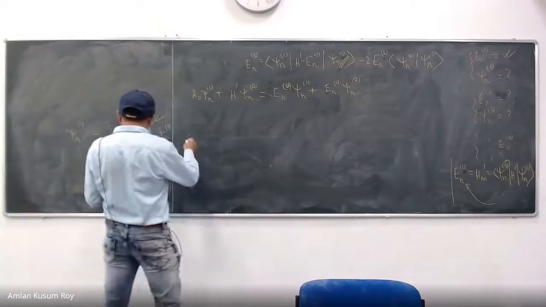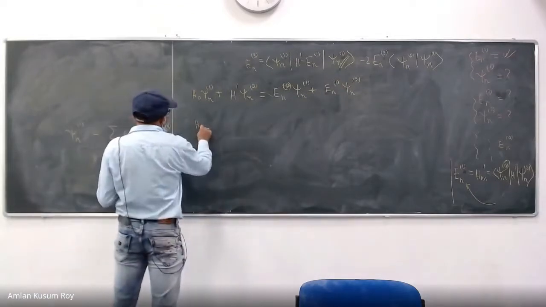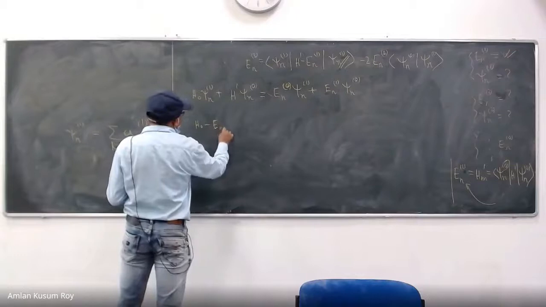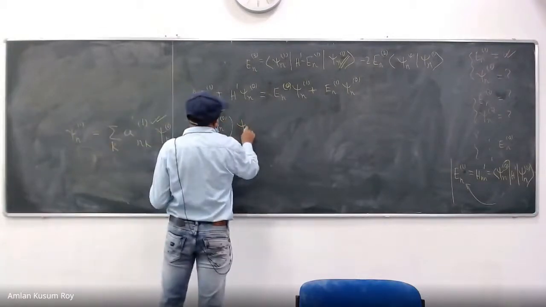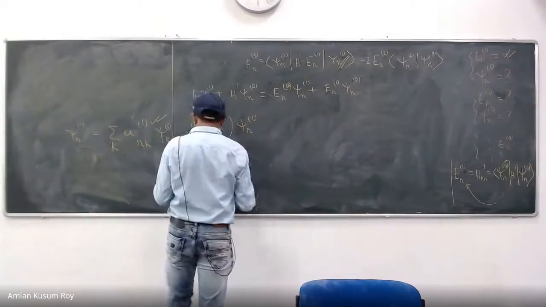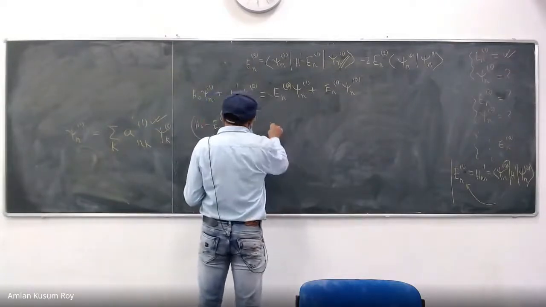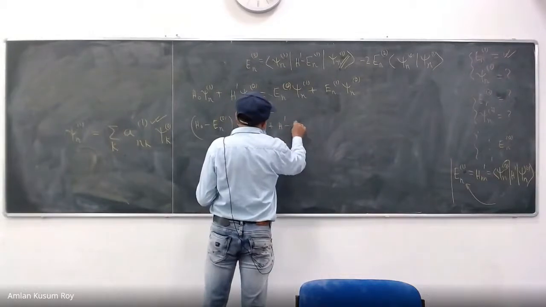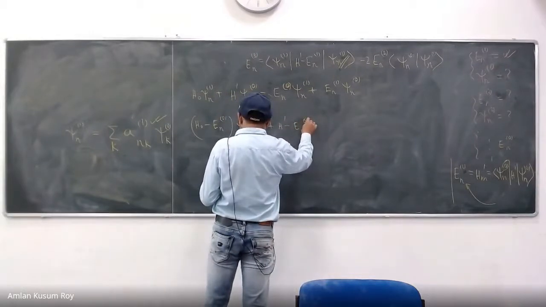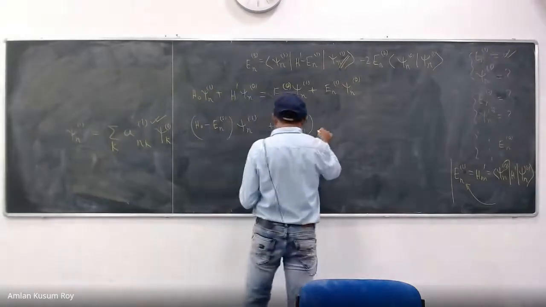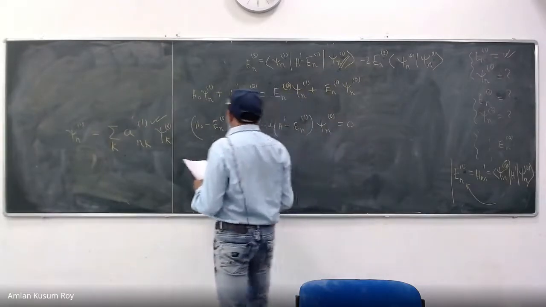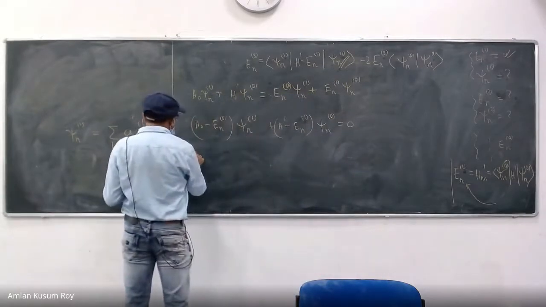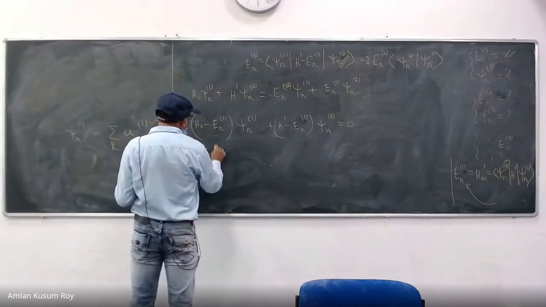Okay, so we can write (h0 minus en0) psi n1 plus (h prime minus en1) psi n0 is 0.